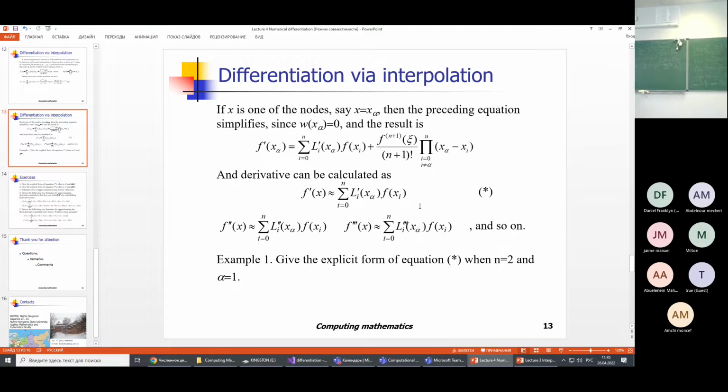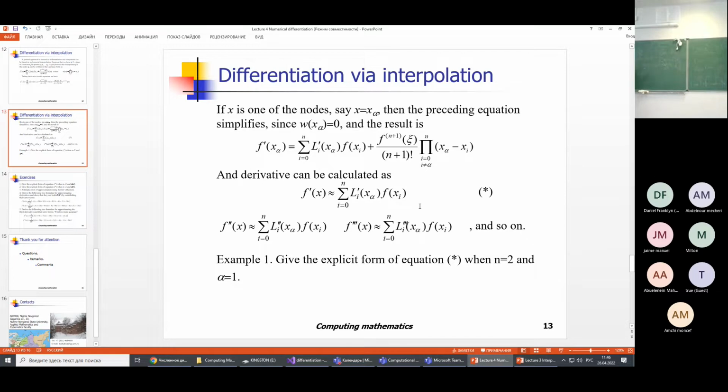What is the derivative of x minus x1 times x minus x2? 2. The situation is very, very simple. We have 2f0 over 2h squared. The second term, again, we have 2, minus 2f1 over h squared. I mean minus here.